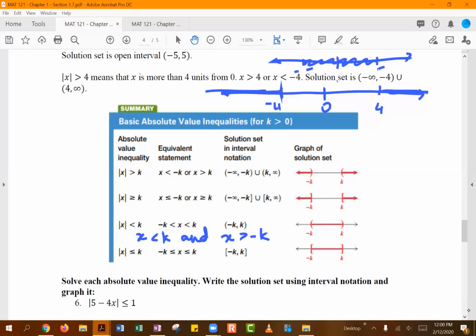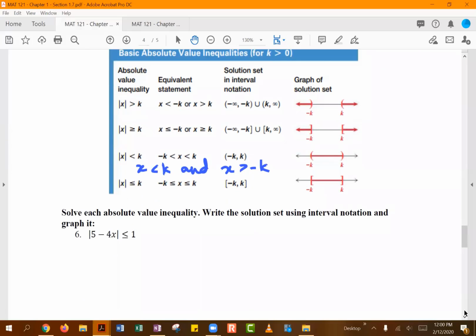Or you can just do the three-part inequality, whichever one you think would be more comfortable for you. I actually like the three-part inequality because then it's easier to get your graph and then you know between what two numbers your x is going to be sandwiched.